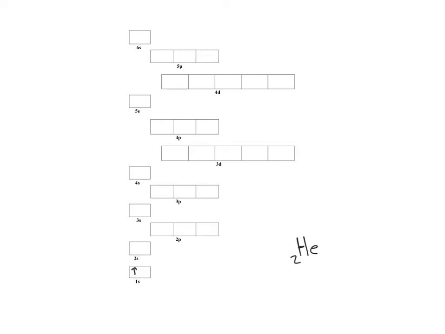In order to fill the second electron in, we have to know the Pauli exclusion principle. The Pauli exclusion principle basically says that only 2 electrons can go in each of these boxes, and they have to have opposite spins. One will be spin up, the other one will be spin down.